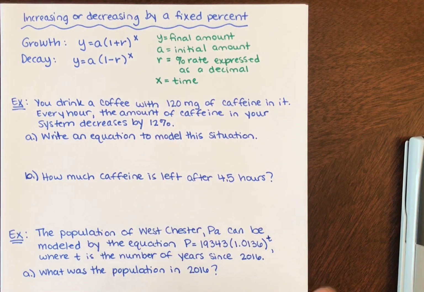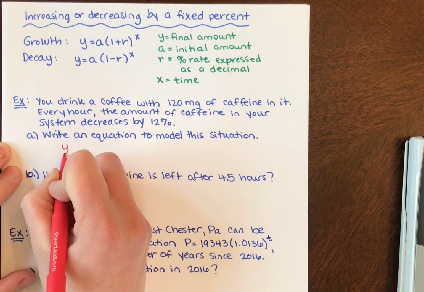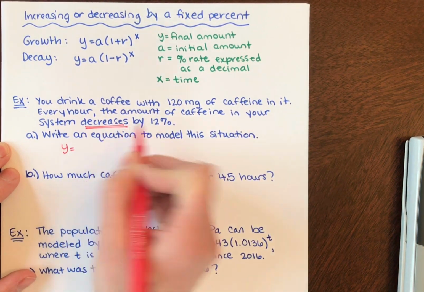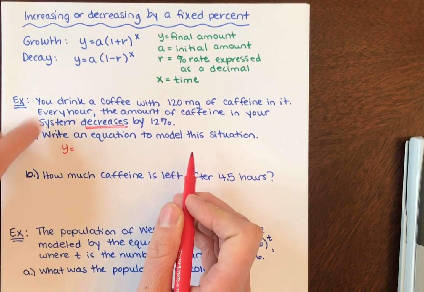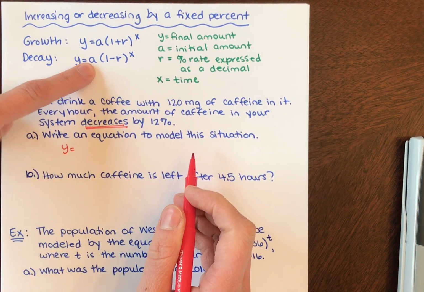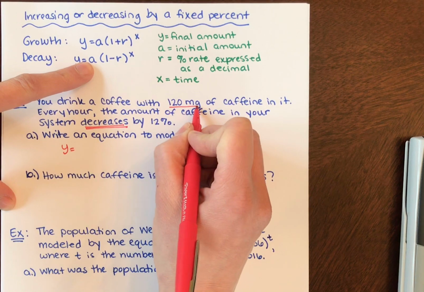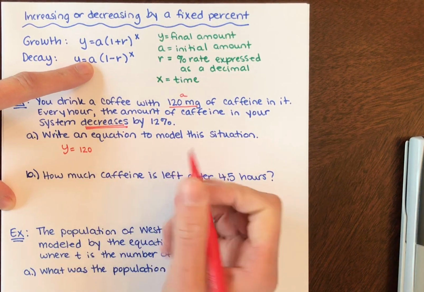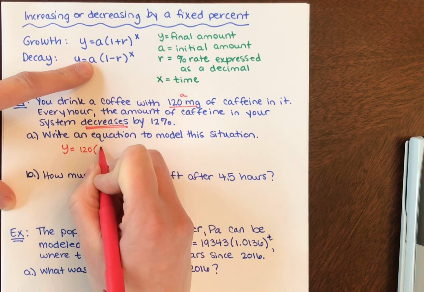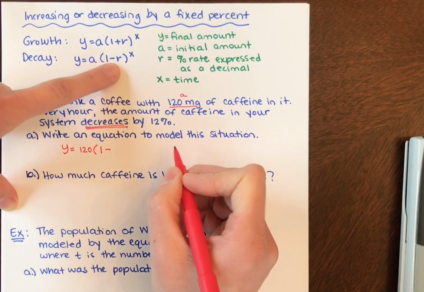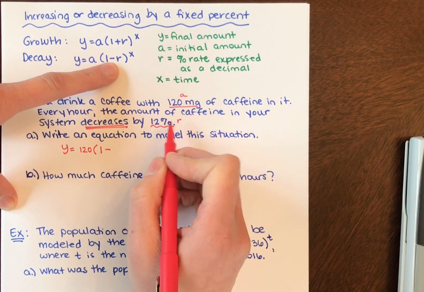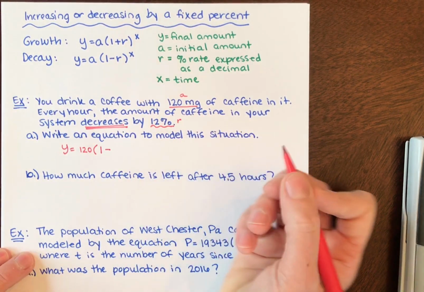So if I wanted to make an equation that modeled this situation, well, the amount of caffeine in my system is decreasing, so this is a decay problem. So I'm going to have y equals A, which is the initial amount. I'm starting with 120 milligrams of caffeine in my system, times 1 minus r, which is your rate. But the rate has to be expressed as a decimal.